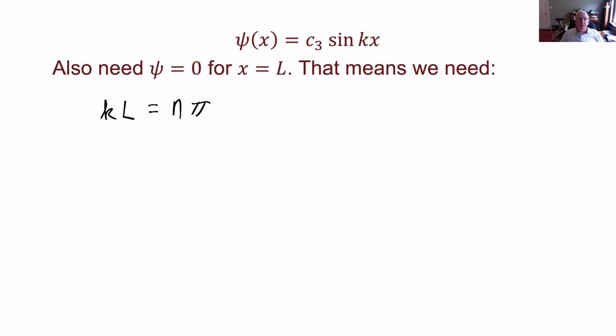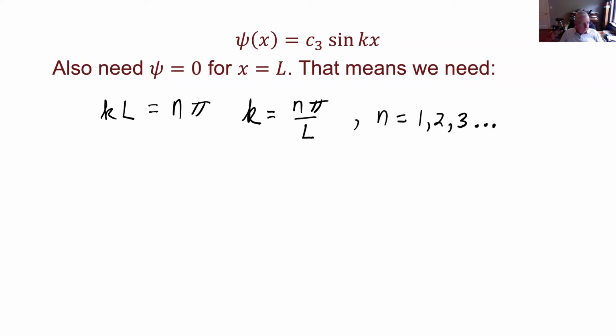So I can write it this way, where n has to be an integer, a whole number. That gives me that k has to be equal to n pi over L, and n has to be a non-zero whole number. So 1, 2, 3, etc.